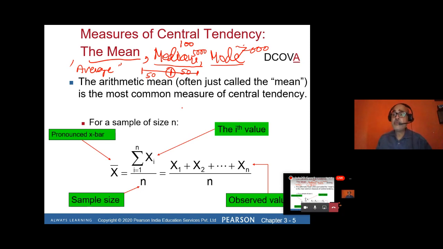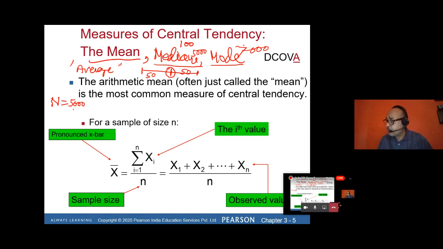I think it is very clear to all of you what three types of central tendencies there are: mean, median, and mode. If you see in the PowerPoint, if you recall the previous class, you have the population. Suppose in your organization there are 5,000 employees working, then capital N is 5,000, and that is called population.